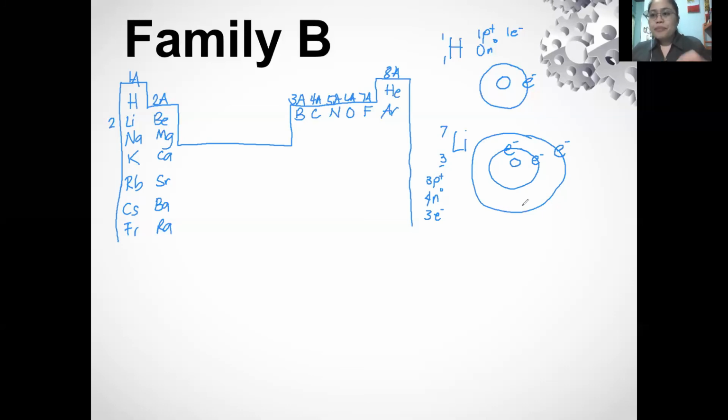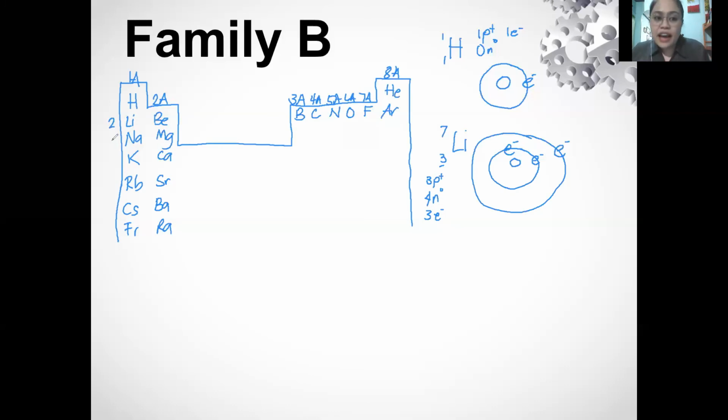So, ilang electron ang meron sa outermost shell ni lithium? Ito yon, isa. That is the reason why si lithium ay nabilong sa group 1A. Again, pag nabilong sa group 1A, it represents meron siyang 1 valence electron. Meron siyang 1 electron sa outermost shell niya.